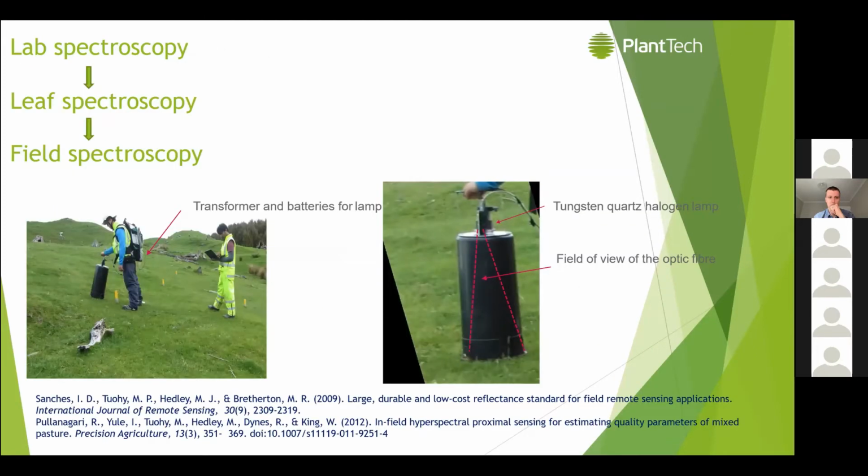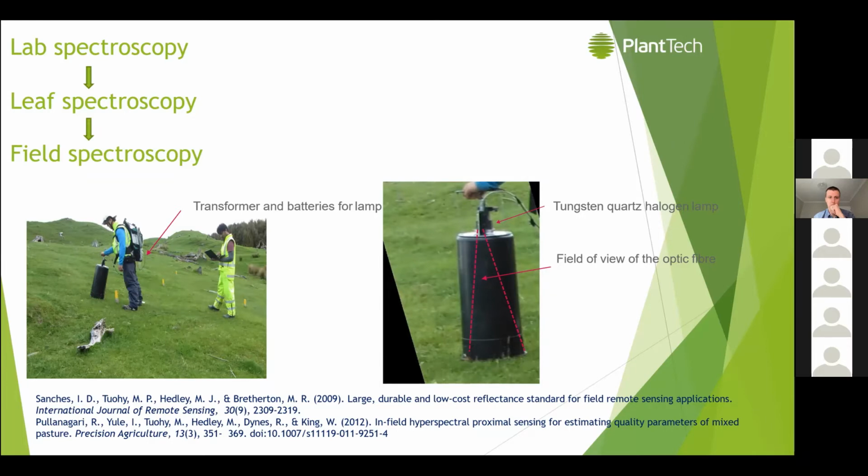Then we started with lab spectroscopy, where we collect samples, either pasture or soil, and send them to the lab to know the chemistry of those samples. But again, you need to cut the samples to get the results, and the information gets to the farmer after the pasture has been grazed.